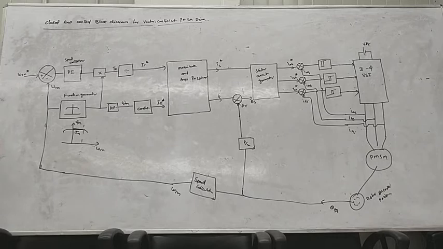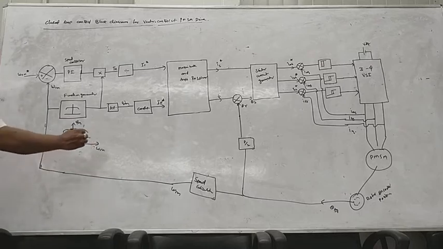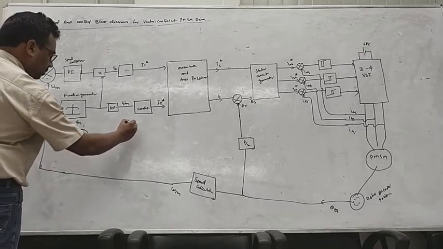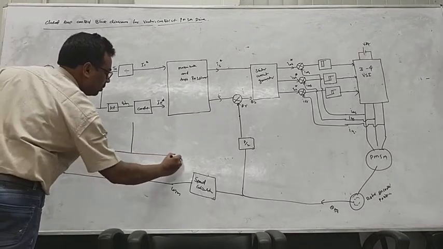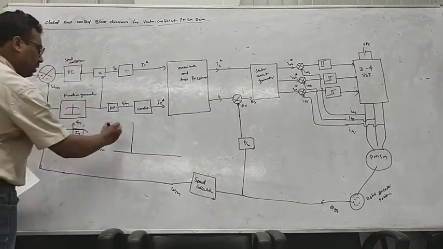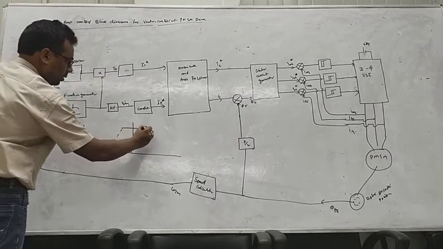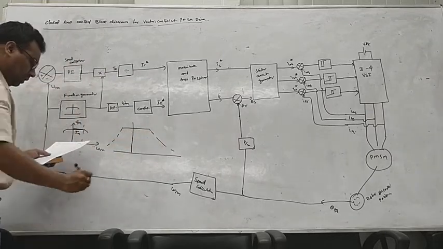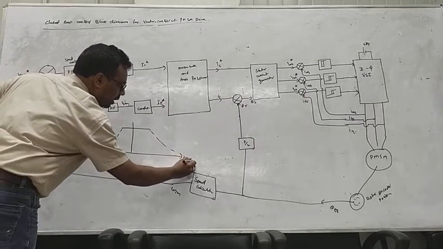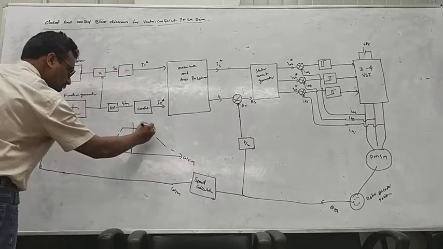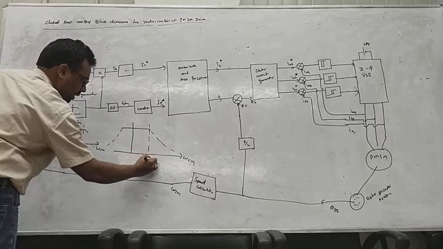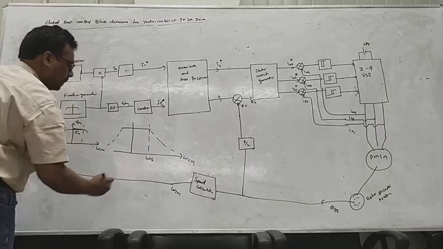Okay, so if you can mention separately about this particular block, I will explain here. This is constant. This is omega Rm. This is up to base speed omega Rb.